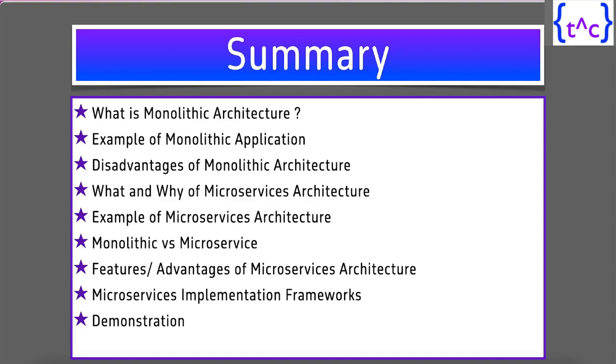We have seen two microservices talking to each other. And then we talked about who are using microservices architecture. All right. I hope this session has given you a very clear picture of monolithic architecture as well as microservices architecture. In my next sessions, I will be talking about how to implement microservices using Java Spring Boot framework.